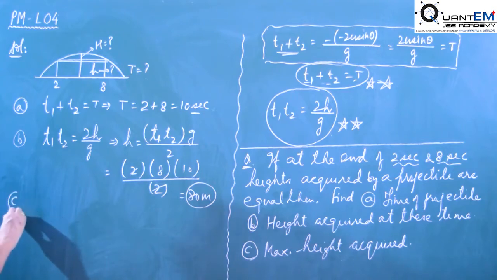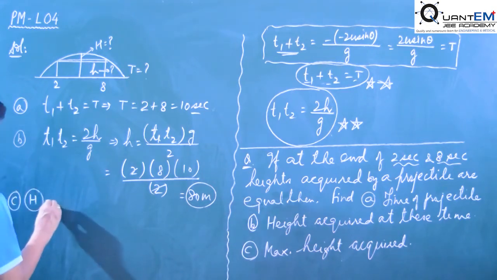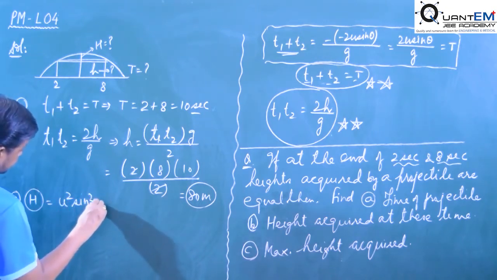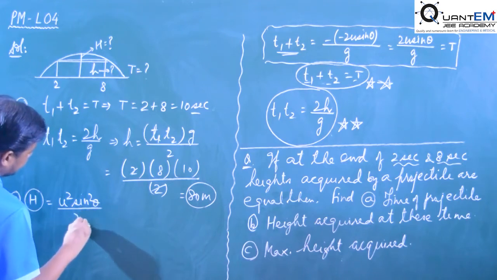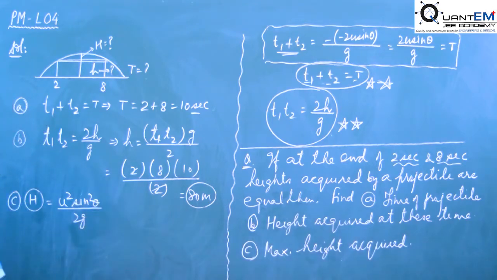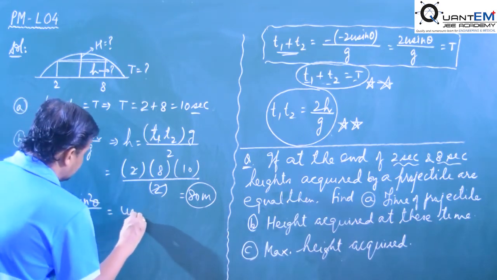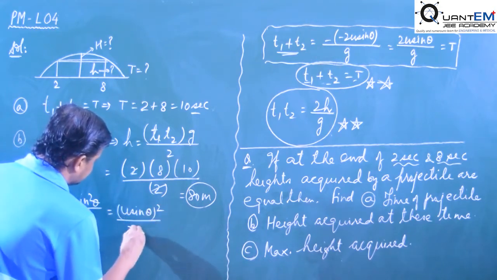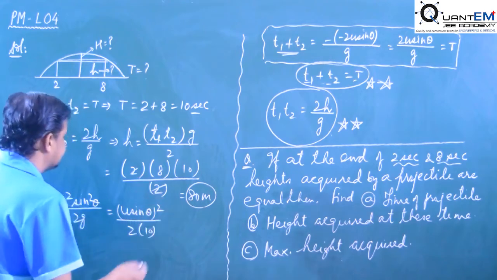Now you have to get the maximum height. What is the formula for maximum height? It is u square sin square theta divided by 2g, that is also (u sin theta) square divided by 2 into 10.